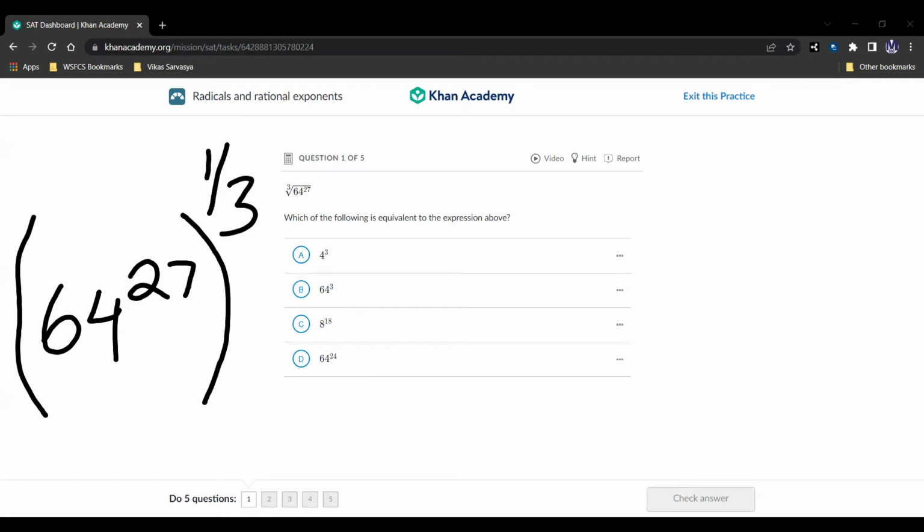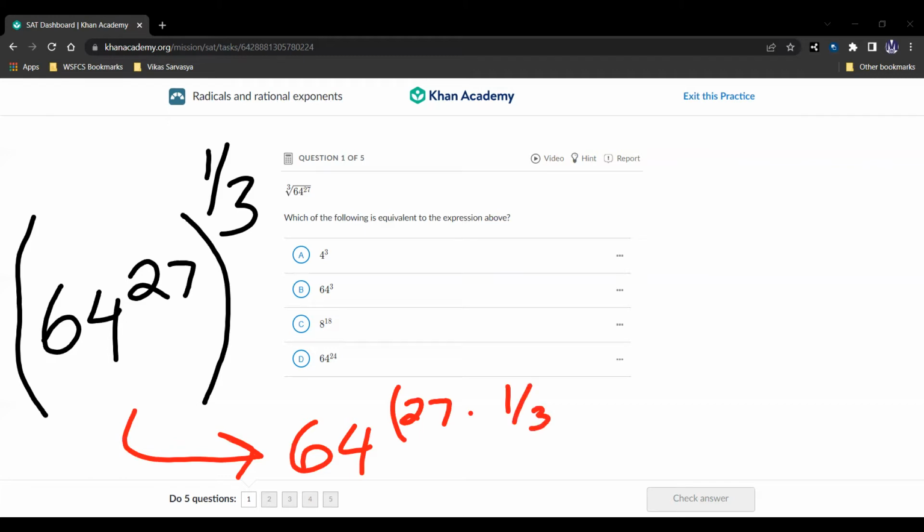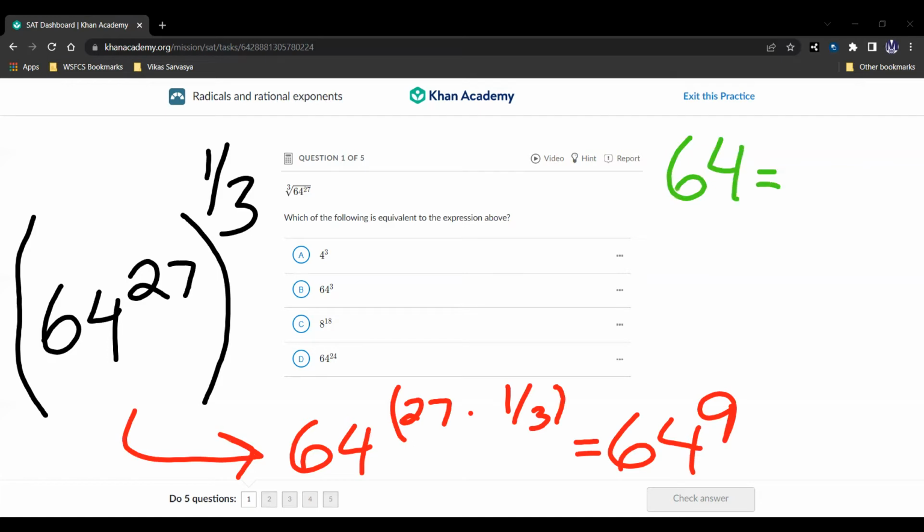And by exponent rules, we can take this and make it 64 to the 27 times 1/3, which is 64 to the 9th power. All right, now what? Well, we can also split 64 up. 64 equals 8 squared.